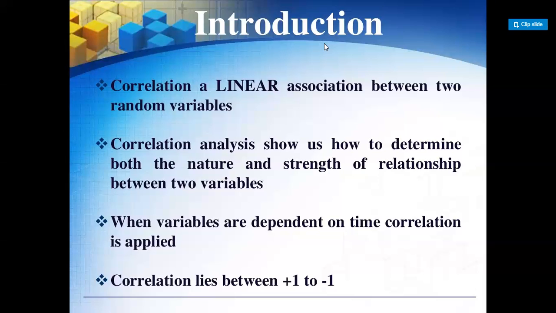Next is mutual dependence, or the reason of cause and effect. When two variables show a high degree of correlation, it may be difficult to explain which is the cause and which is the effect, because both may be reacting to each other. For example, an increase in the price of a commodity and an increase in demand. So price is the cause and demand is the effect.